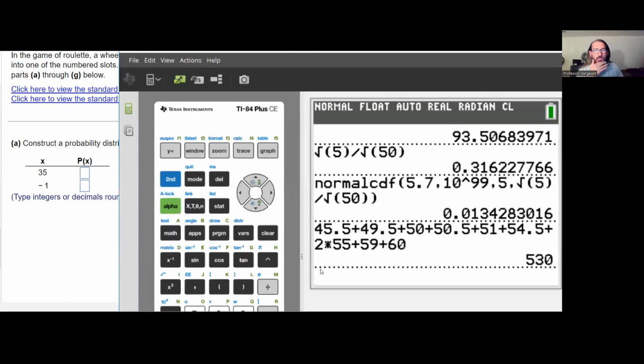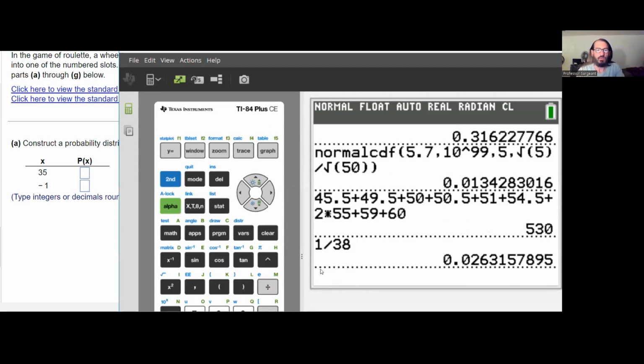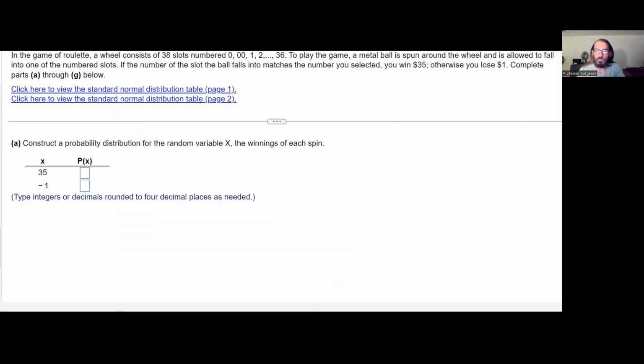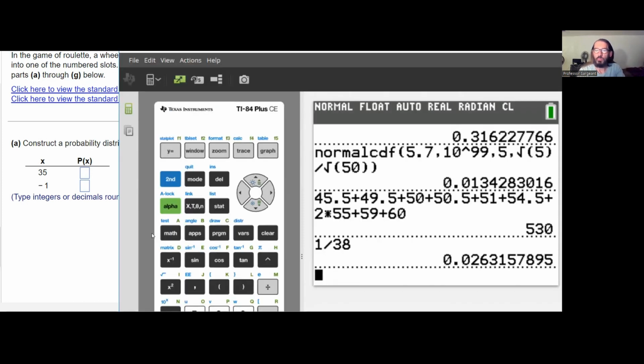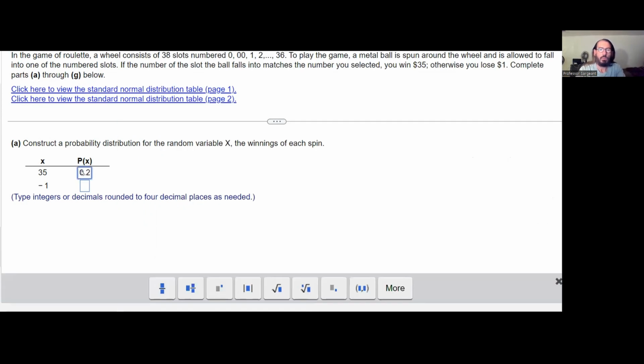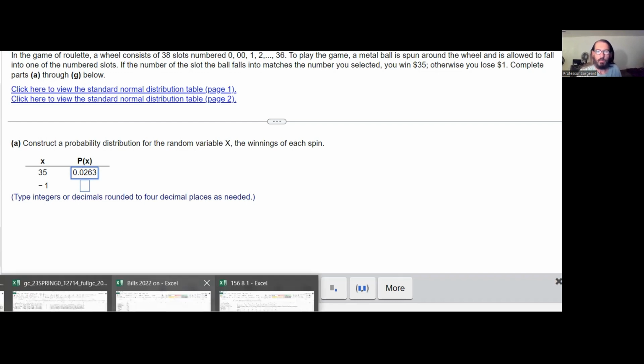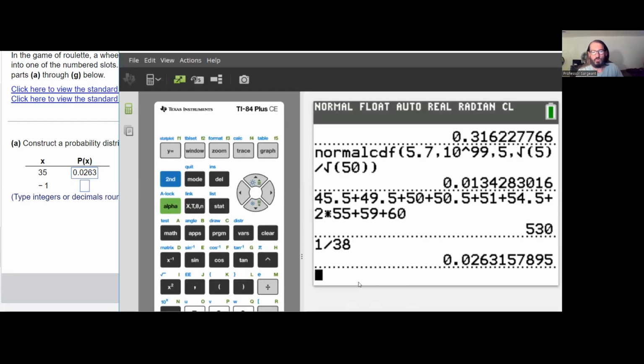So you should only be winning, if these are equally likely, 1 out of 38 times. They want us to round to 4 places, so 0.0263. And the probability of losing should just be a matter of 1 minus that answer.